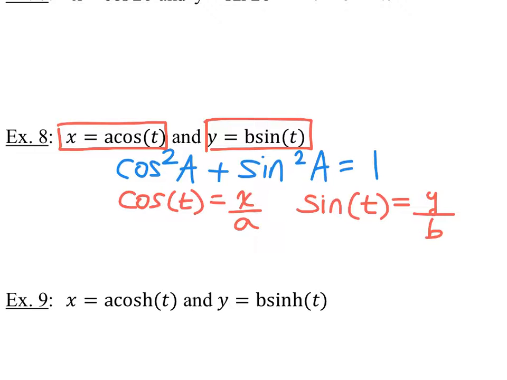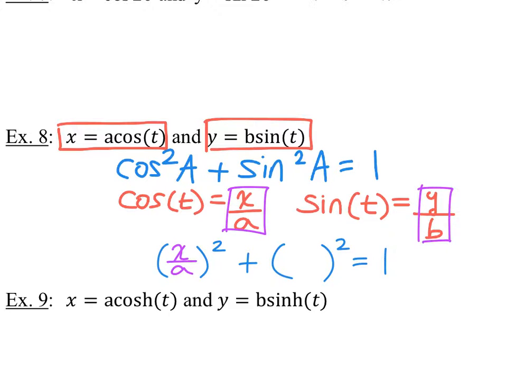I think this is like the math lover's problem. If you love math, then when you see the outcome for this, you can be like, wow, that's pretty cool. So cosine squared, I'm just going to write parentheses squared, plus sine squared, same deal. I'm replacing the cosine, I'll go purple, with an x over a.